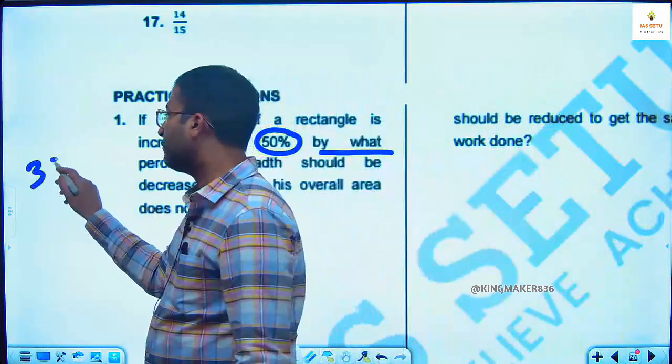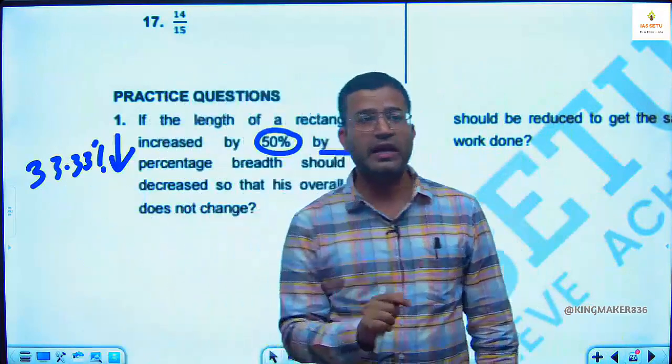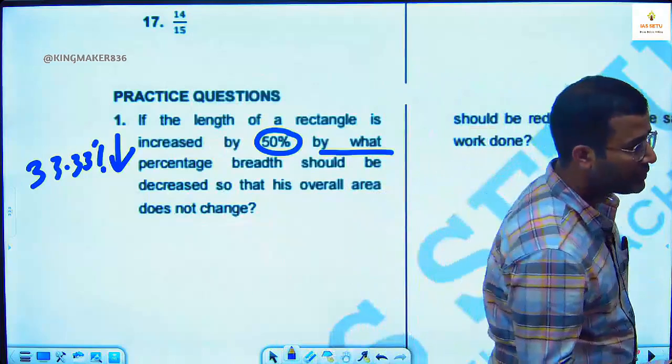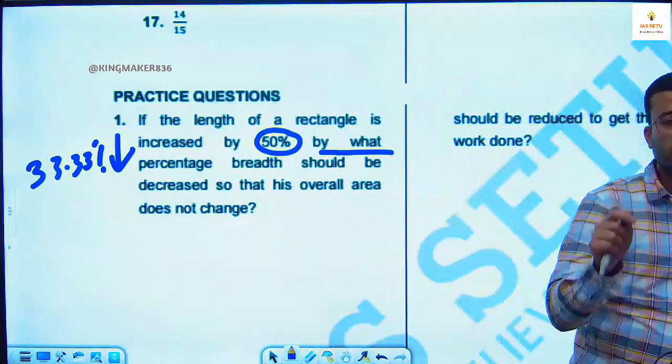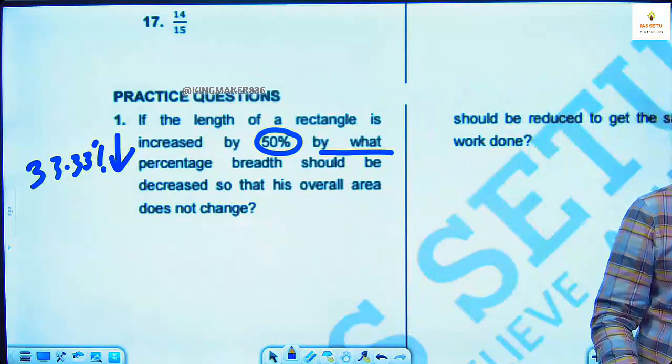Direct answer without any calculation. If the length increased by 50%, there should be an effect of 33.33% decrease so that overall area remains same.